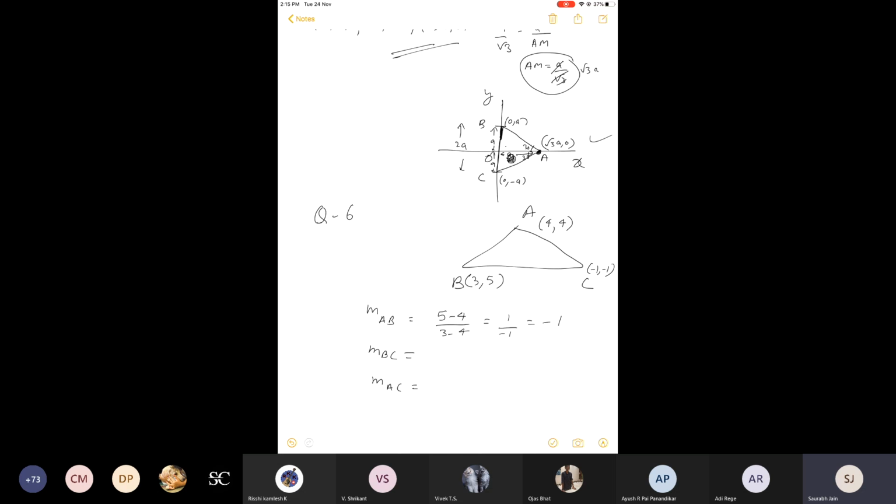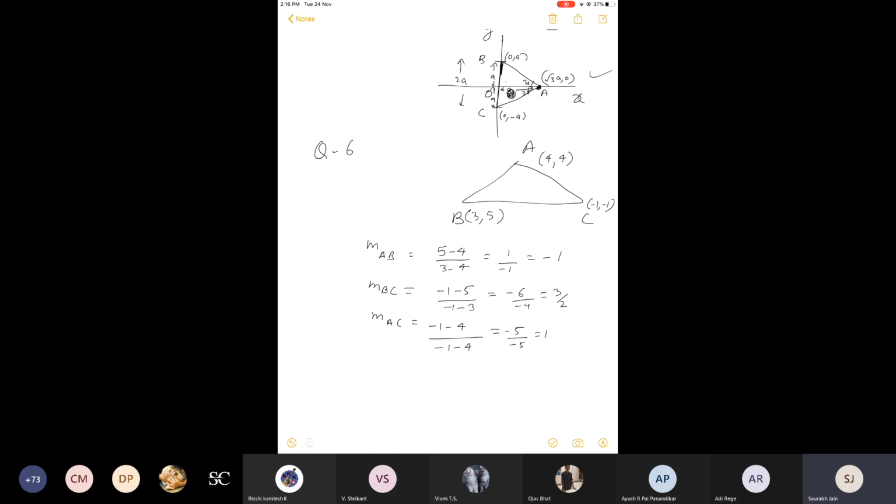That will be y2 minus y1 upon x2 minus x1. This comes up to be 3 by 2. And now let us find slope of AC. That is y2 minus y1 upon x2 minus x1. Minus 1 by minus 1, that is 1.